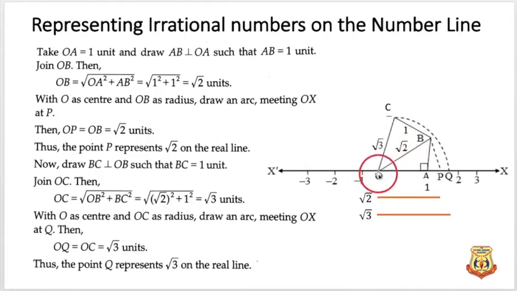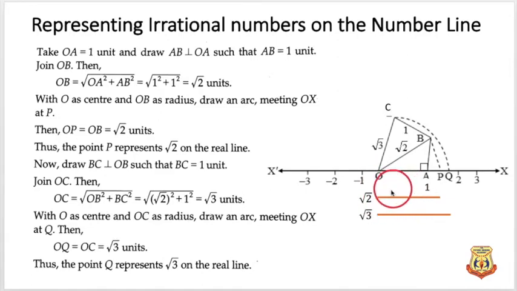Now with O as center and OB as radius, if we draw an arc, it will meet OX at P. This orange color line you can see, you don't need to draw it, I drew it so you understand better.